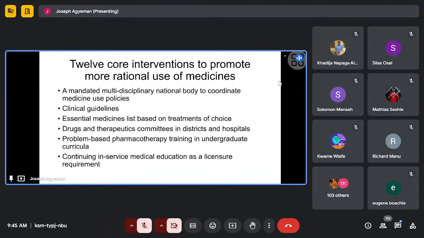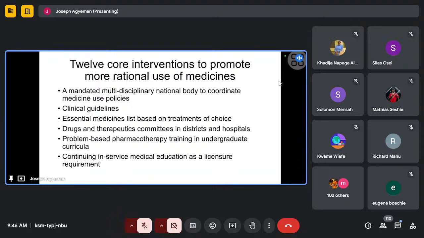of medicines? So normally this is a committee that is set up, the composition, multidisciplinary approach. You have pharmacists in there, clinicians in there, nurses, and even non-health professionals.